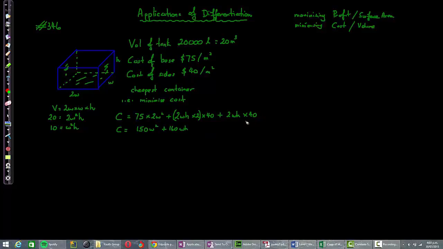And this is going to be another 80WH. Right, so we can simplify further: 150W squared plus 240WH if you add the WH terms together. Now this is an expression for the costs.